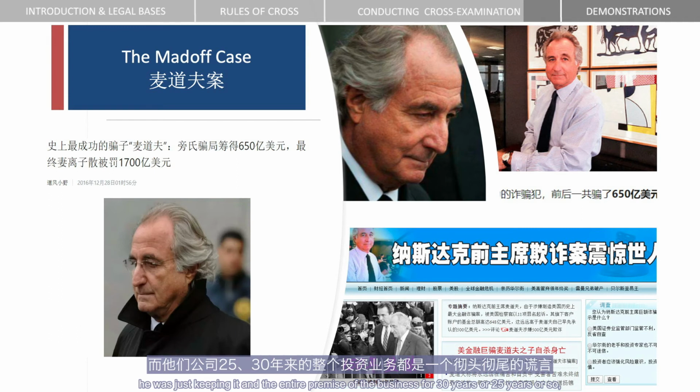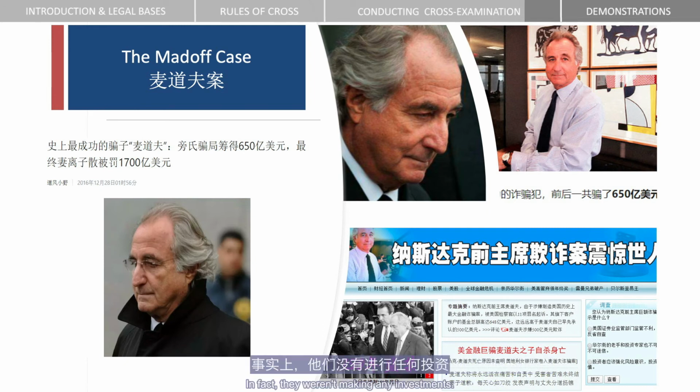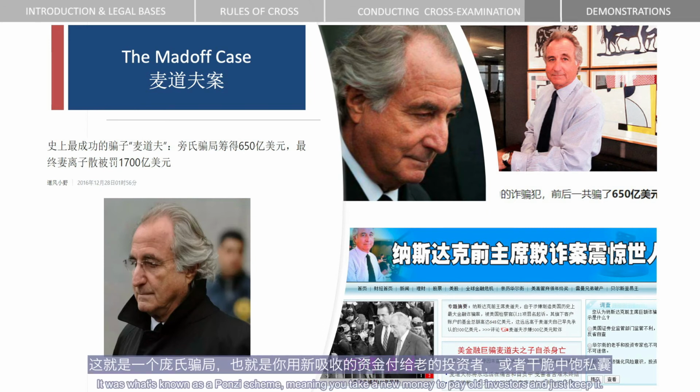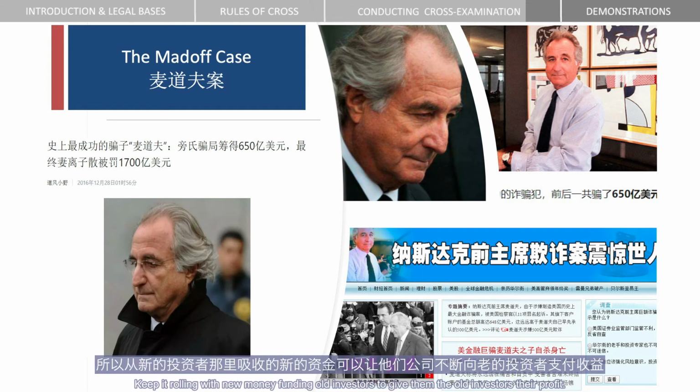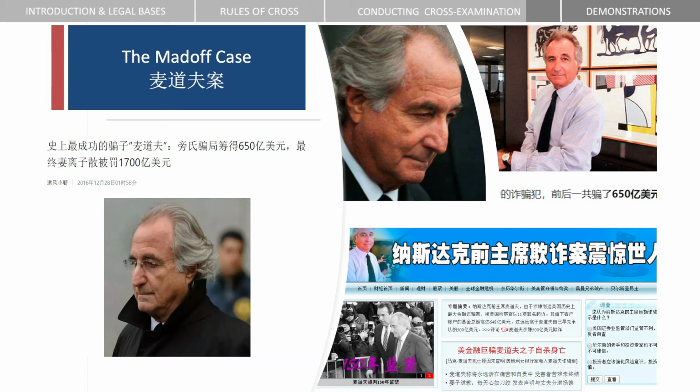The entire premise of the business for 25 or 30 years had been a lie. There were all these investments it was supposedly making, but in fact they weren't making any investments. It was what's known as a Ponzi scheme, meaning you take in new money to pay old investors, and you just keep it rolling with new money funding old investors to give them their profit.